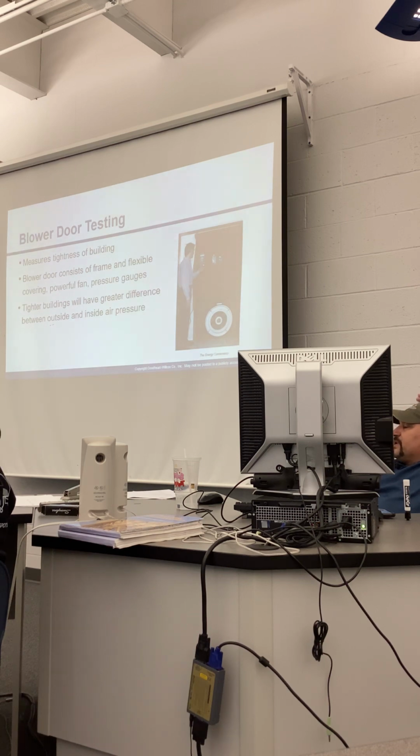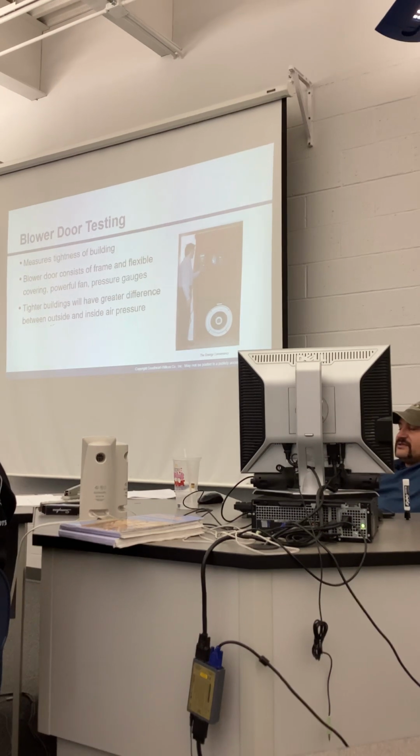And then you open it up, and once you open it up, it will tell you the difference of how much air is flowing through the fan. So there's a couple calculations there, but it registers outside pressure versus inside pressure and tells you how much your house is leaking. So they do that at the end, I assume?